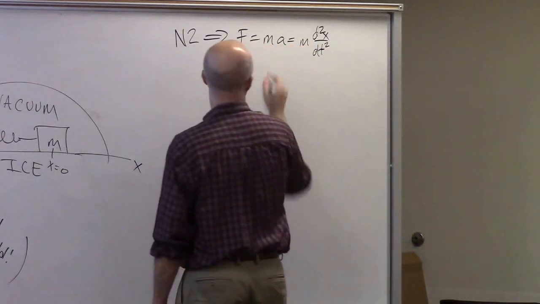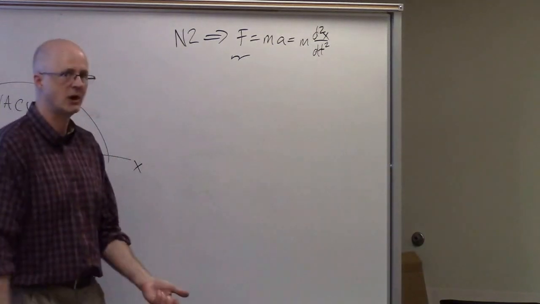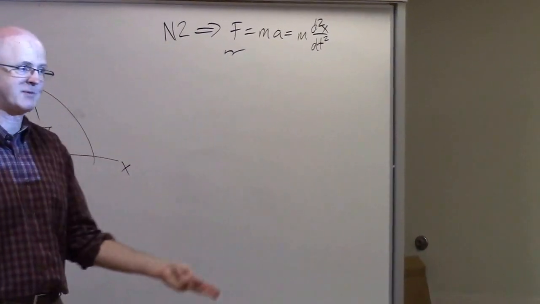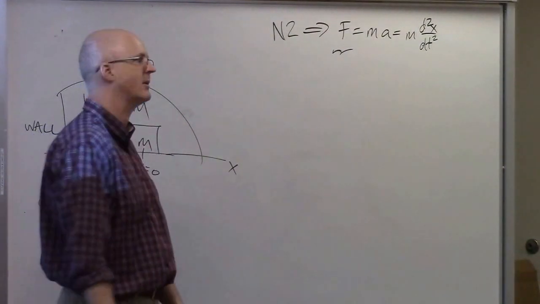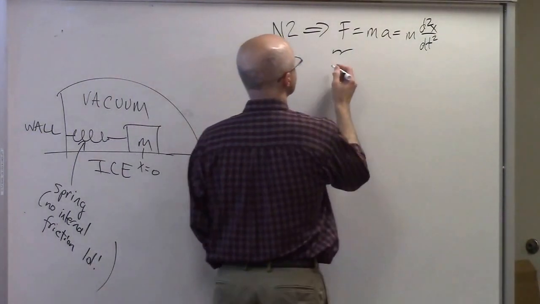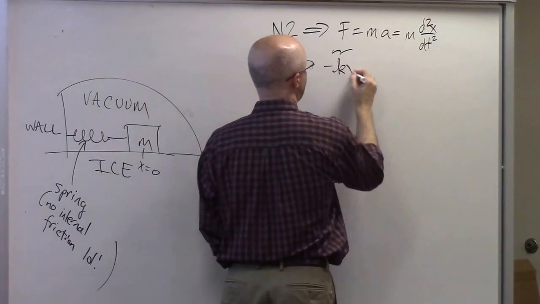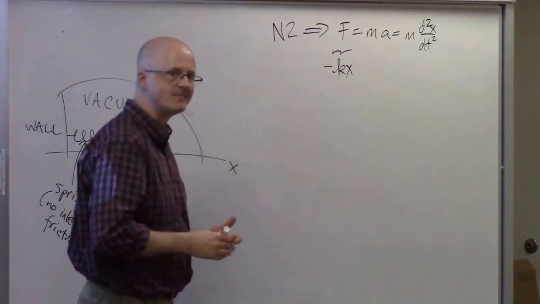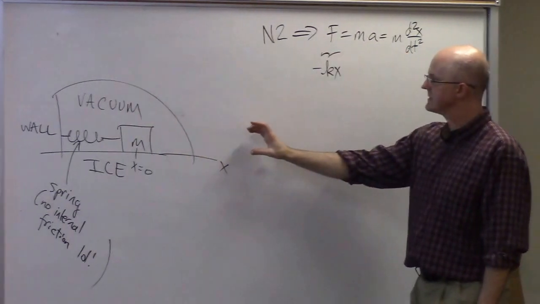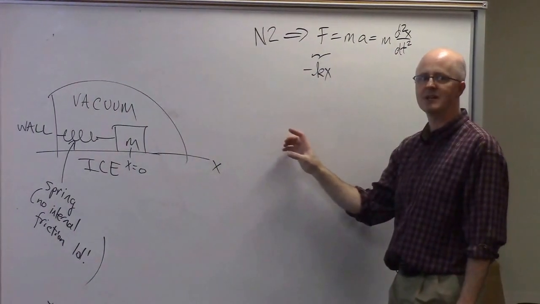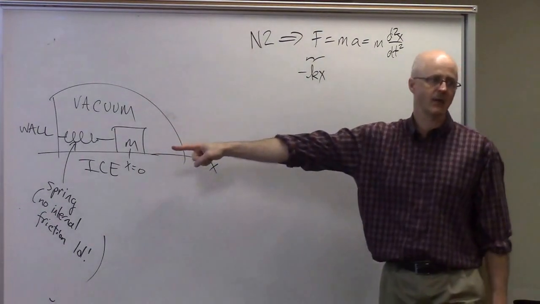But once again, what's the force? The force is due to Hooke's law. We talked about this before. Remember when we were talking about work done by a force, we were talking about this exact same situation. The force is a negative constant times x. When you pull the mass away from its rest position in the positive direction, the force is in the negative direction.